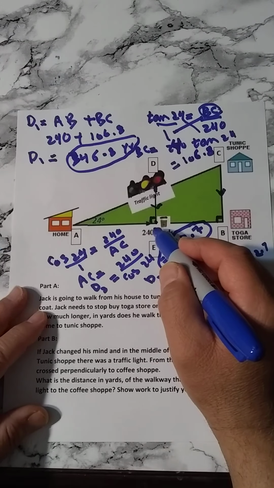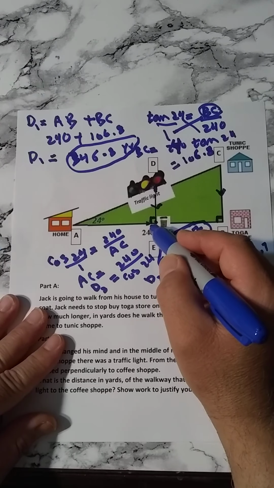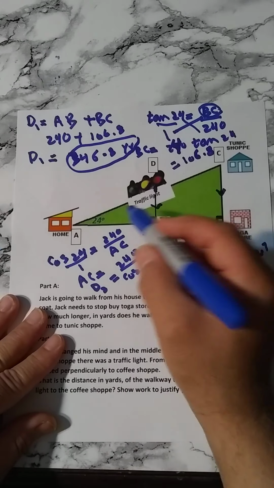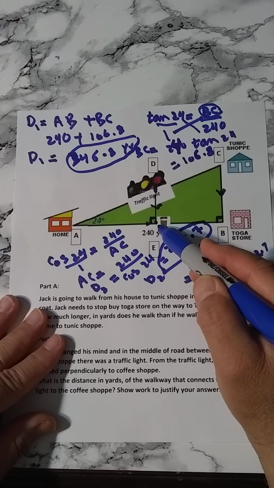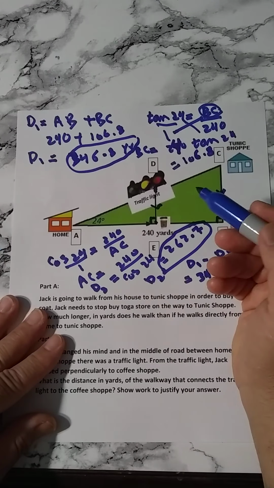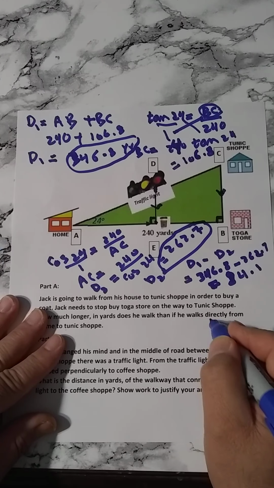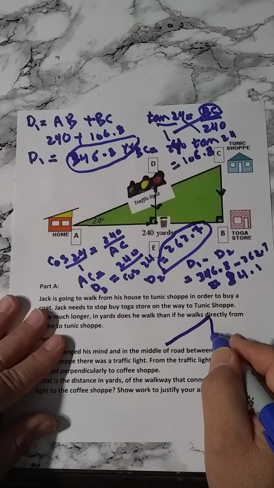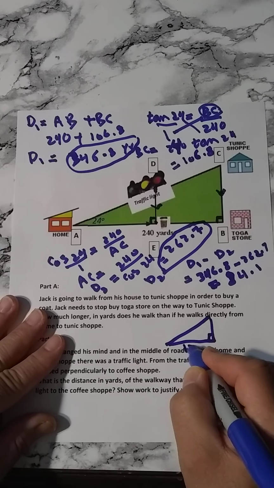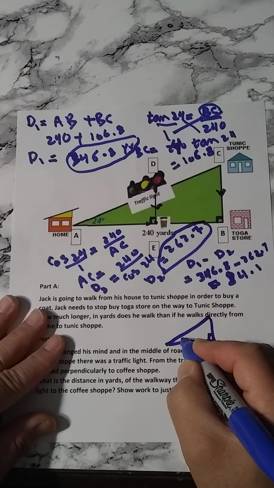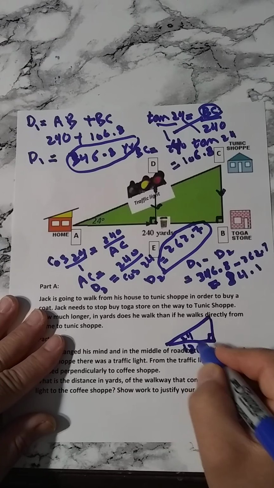The middle means you divide 240 by 2, so this distance is 120. So look at this small right triangle. This is 120 yards, and this angle is 24.